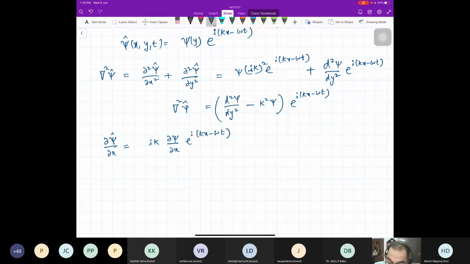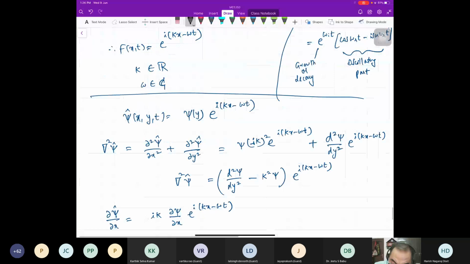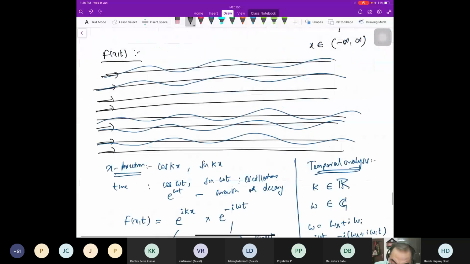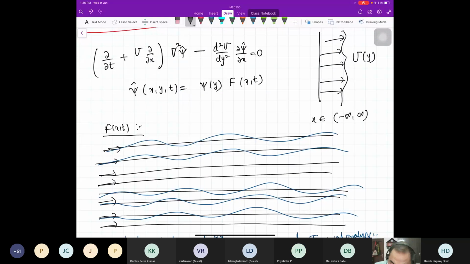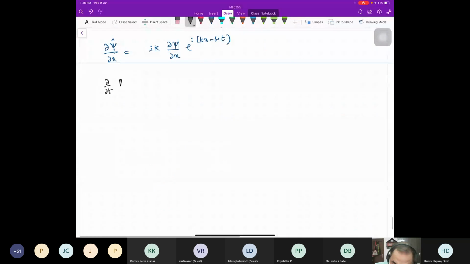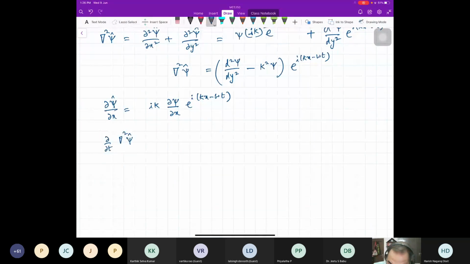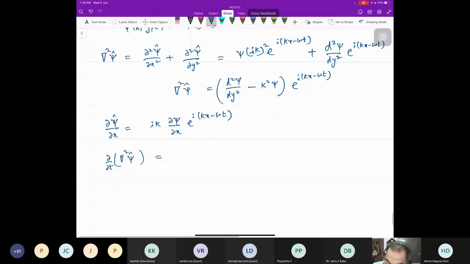Now let's substitute both of them. What do I have here? Oh, I forgot one more thing. The first term of the equation is del by del t of del squared psi hat, which is nothing but d squared psi by dy squared minus k squared psi.